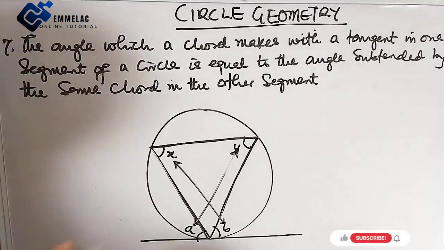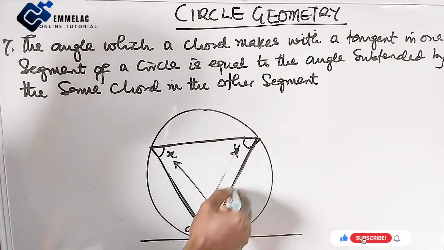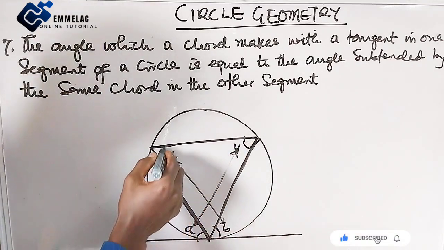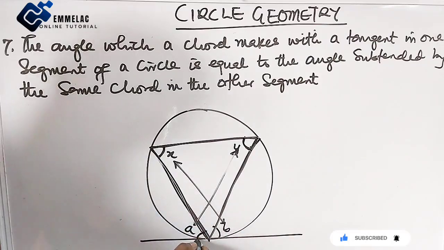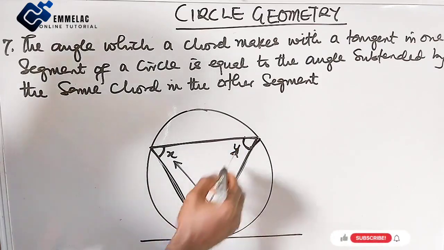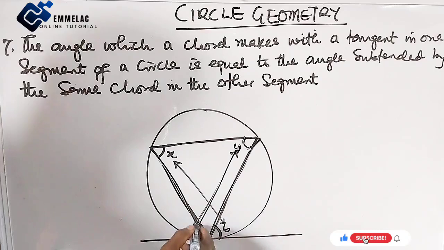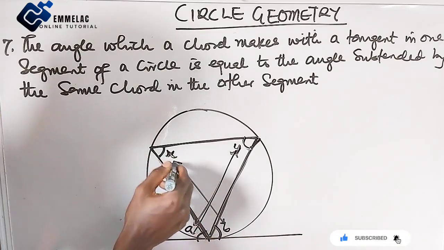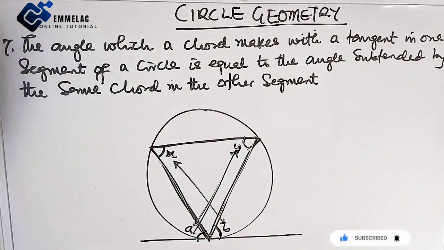Okay, now you can see that this is also an arc. This is also an arc. All right, now this angle here, this is another arc that subtends this angle. So this angle here is equal to this angle being subtended by this arc, and this angle is equal to this angle being subtended by this other chord.